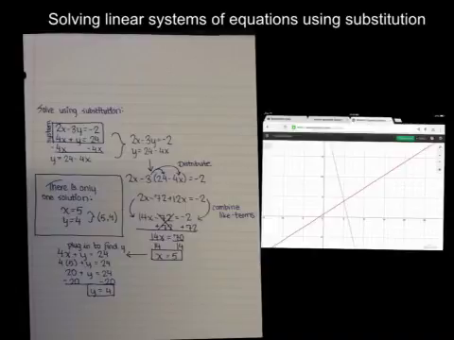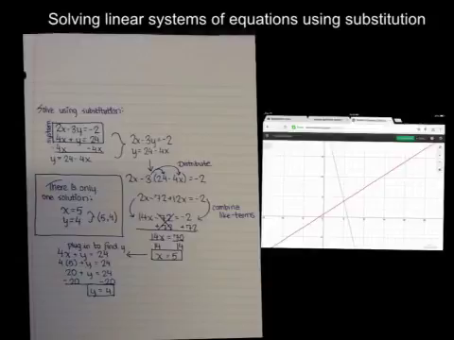So our two equations are 2x minus 3y is equal to negative 2, and 4x plus y is equal to 24. So first, we subtract 4x on both sides and get y is equal to 24 minus 4x. So now we have our two equations. 2x minus 3y is equal to negative 2, and y is equal to 24 minus 4x.